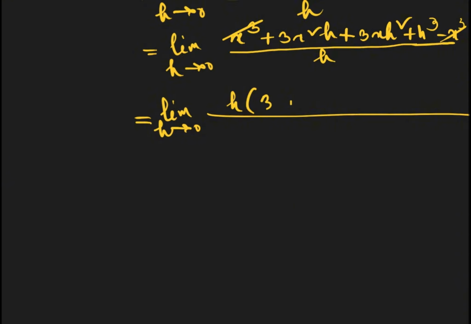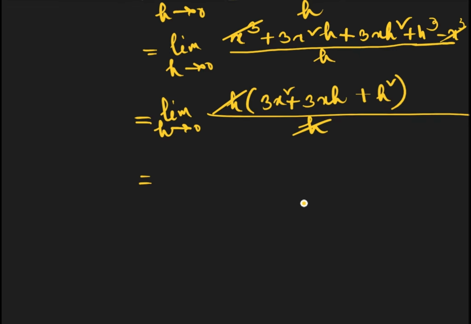So this is 3 x square plus 3x h plus h square, and here h. Why? Because we have to cancel out this h at the denominator, so there will be no infinity. So the major task is done.